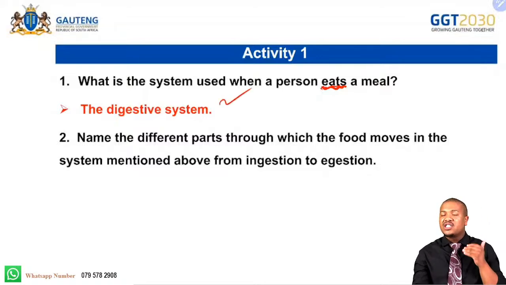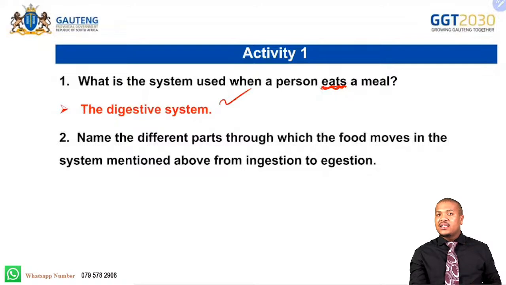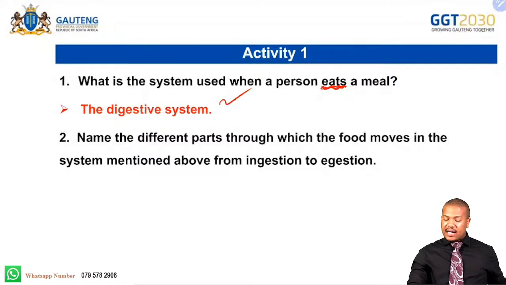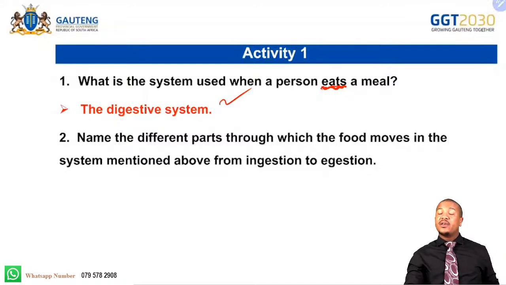It is the digestive system, because when you are eating the meal, that's when you are breaking down the food into smaller and simpler substances. Then number two, name the different parts through which the food moves in the system mentioned above, from ingestion to egestion.